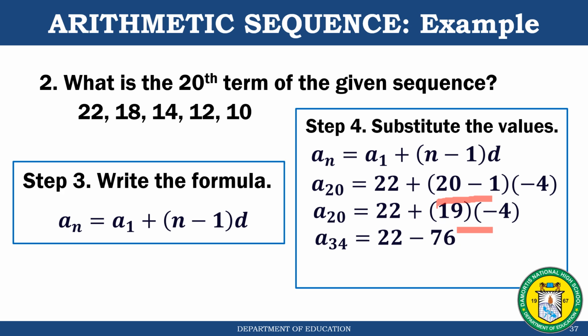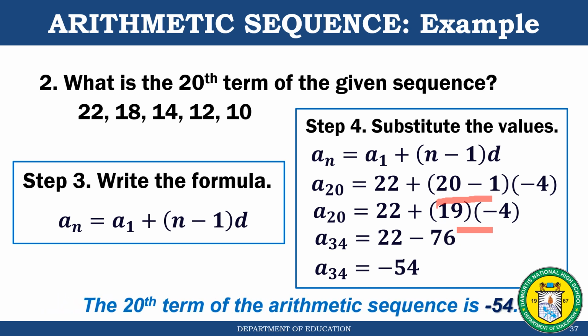What is the answer? Okay, your computation is correct. The answer is negative 54. So, what will be our statement? The 20th term of the arithmetic sequence is negative 54. Did you get it, class? Well done.